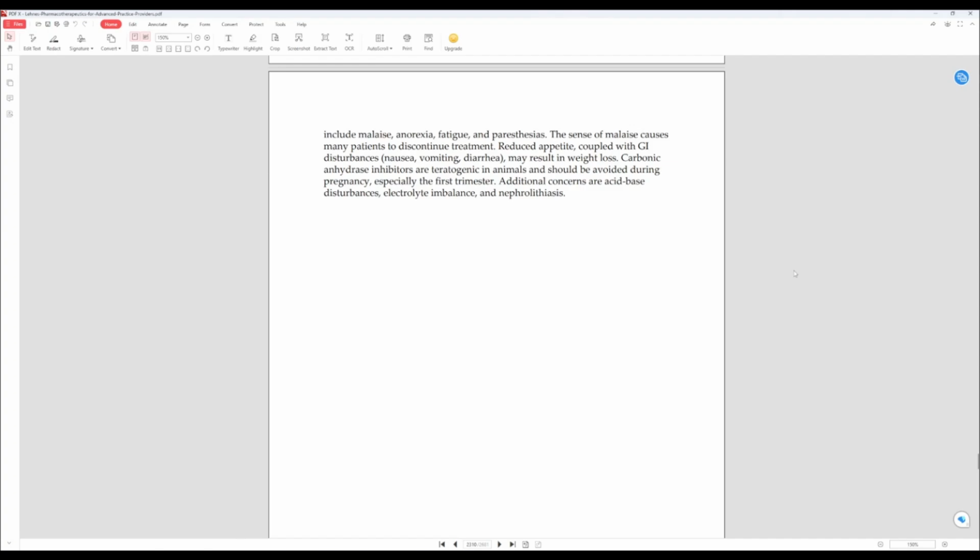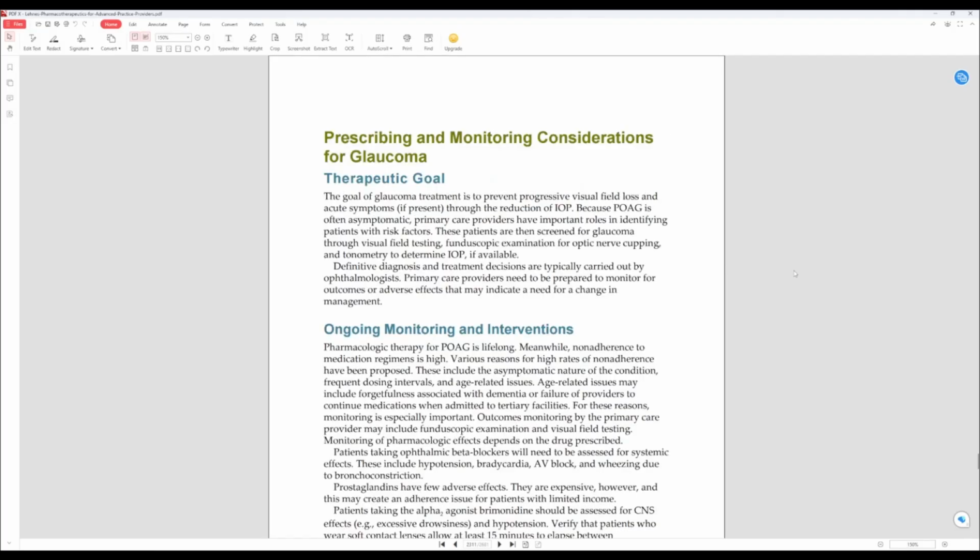Reduced appetite coupled with a GI disturbance may result in weight loss. Carbonic anhydrase inhibitors are teratogenic in animals and should be avoided during pregnancy, especially the first trimester. Additional concerns are acid-base disturbances, electrolyte imbalances, and nephrolithiasis.